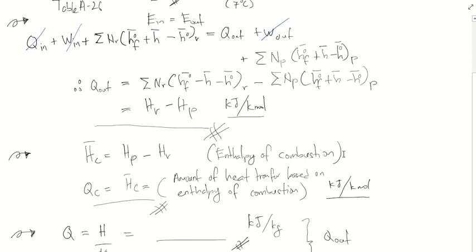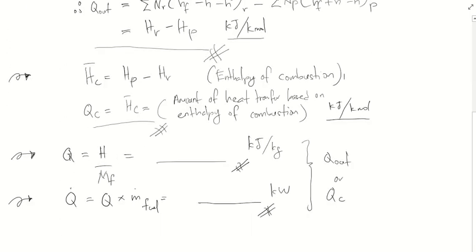Okay, next, in order for you to calculate Q in terms of kilojoule per kilogram, you need to divide the enthalpy by MF, which is the molar mass of the fuel.